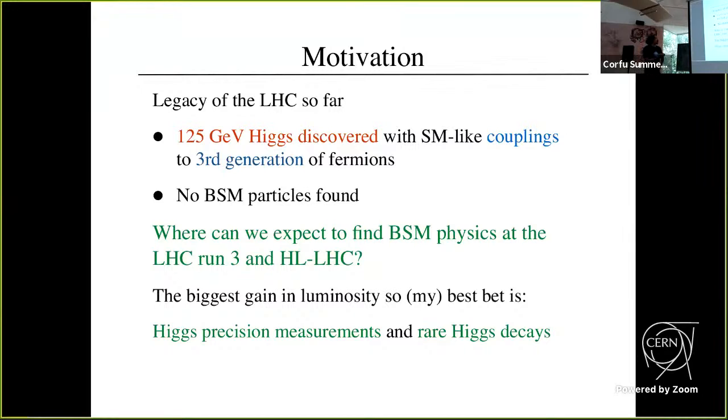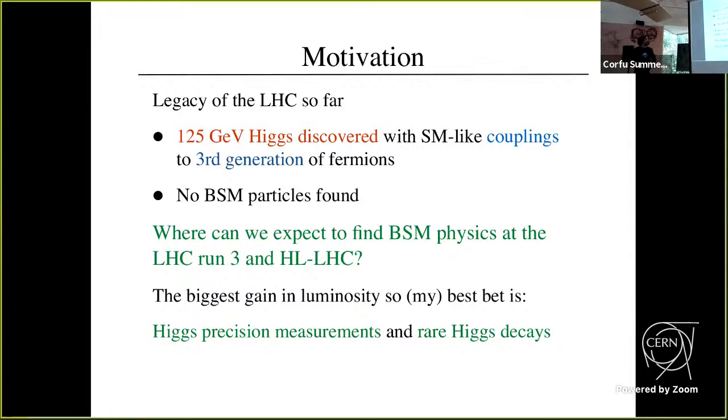But it's important that it's basically only third generation. We just start to probe the second generation, but we are still a bit far away. Another, more disappointing legacy of the LHC is that no BSM particles have been found.